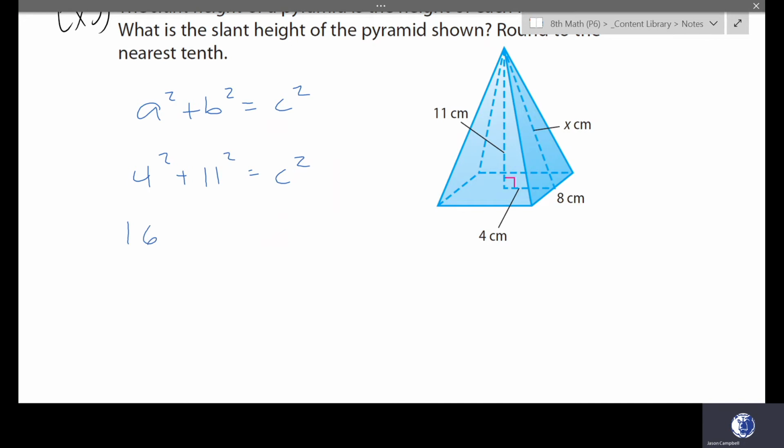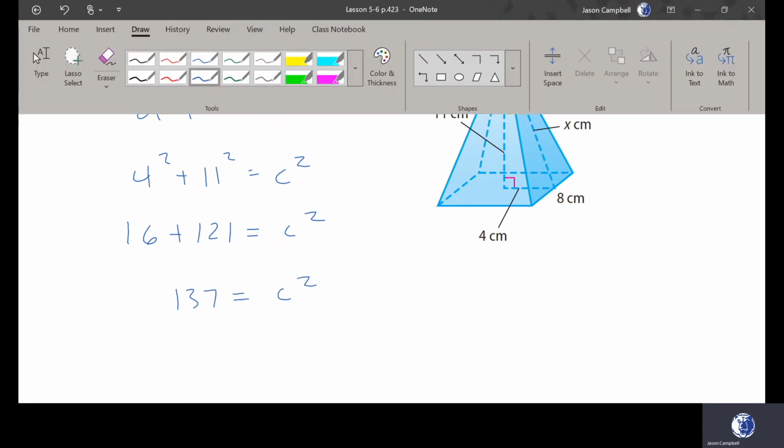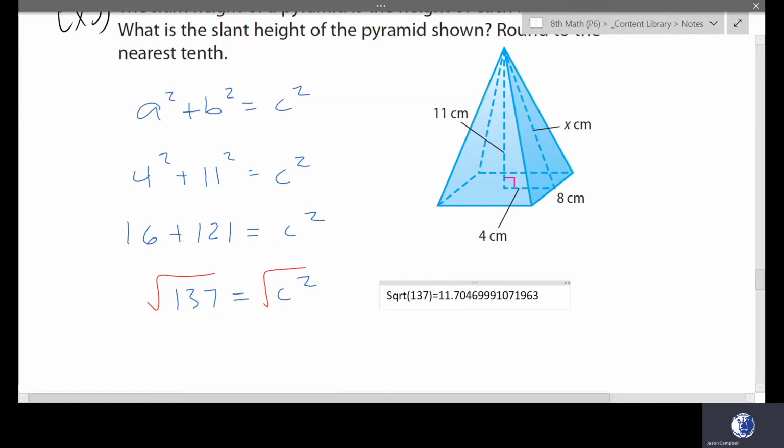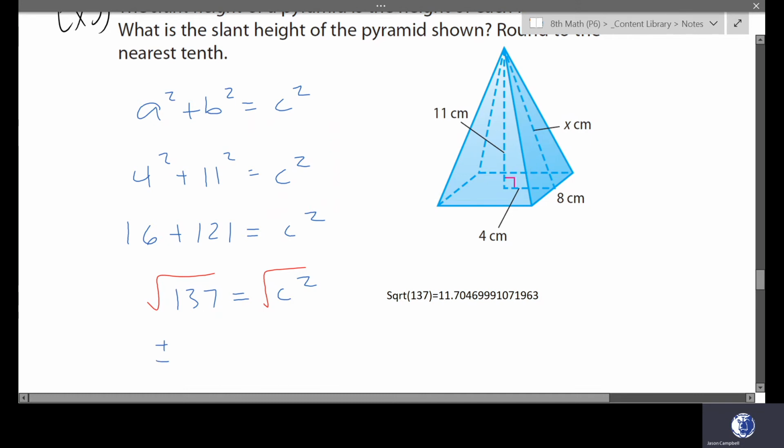So that's 16 plus 121 is equal to C squared. That would be 137 is equal to C squared. The square root of 137 is 11.7, positive or negative.